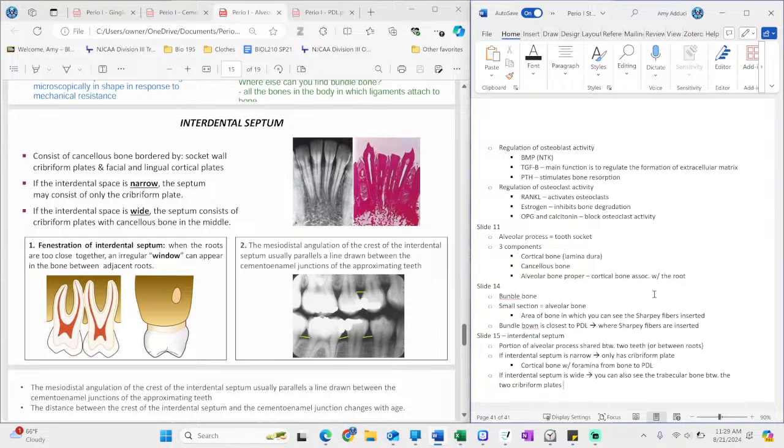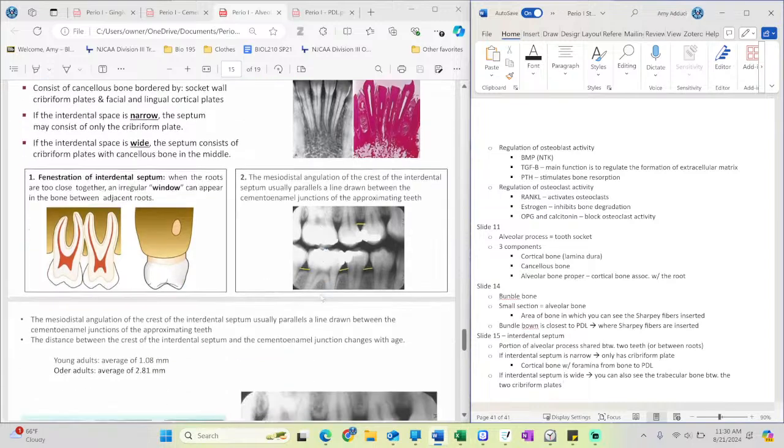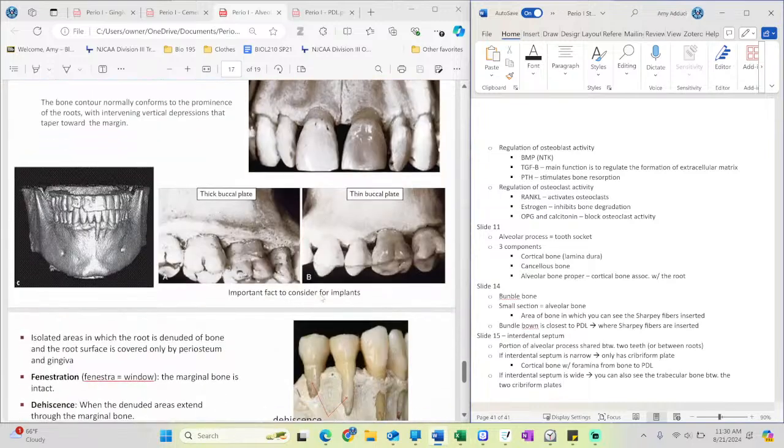The main difference here is that in the fenestration, it is really a window, completely whole borders made of bone. In the dehiscence, the superior border, there is no border of bone at all. So that's the main difference, okay?